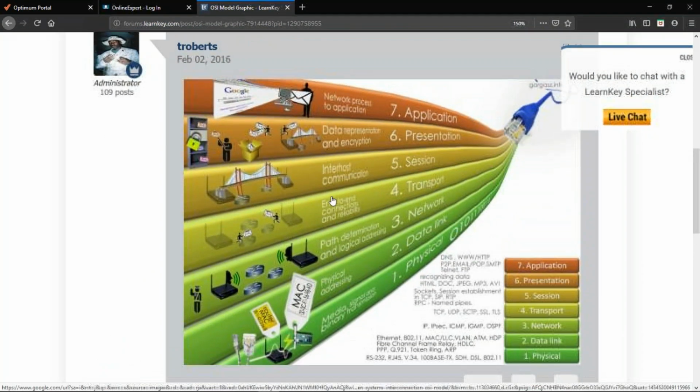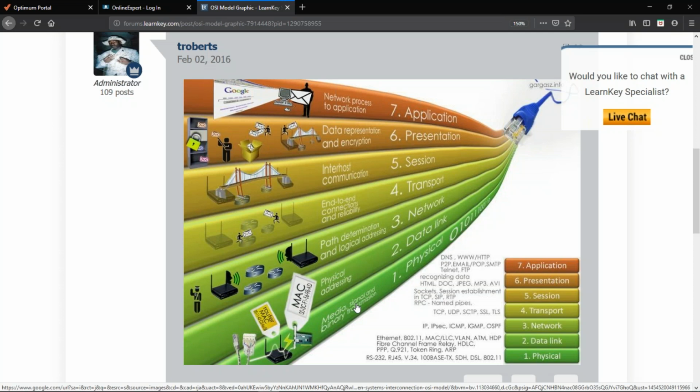Let me see if I can make this bigger. So you can see here, you get this visual of what's going on at each layer. The one thing that I mentioned that isn't here, that you want to make sure you know, and write this down if you have a pen handy, is that at each of these levels you're dealing with different things being transmitted.